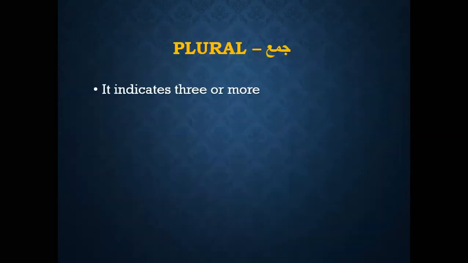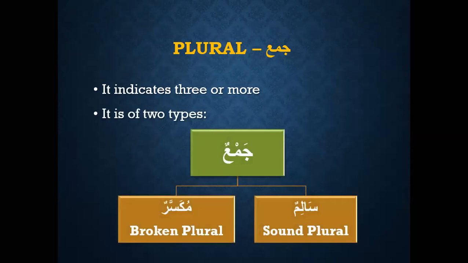Okay, let's talk about plural today. How do you make plural? Just by adding una if it was sound. Before that, jama or plural is of two types, mukassar and salim. Salim is sound. It means the structure of the singular doesn't get broken at all.